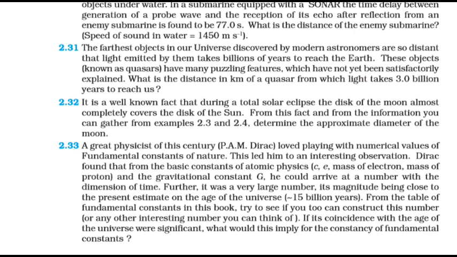Dirac found that from the basic constants of atomic physics, c, e, mass of the electron, mass of the proton, and the gravitational constant G, he could arrive at a number with the dimension of time.